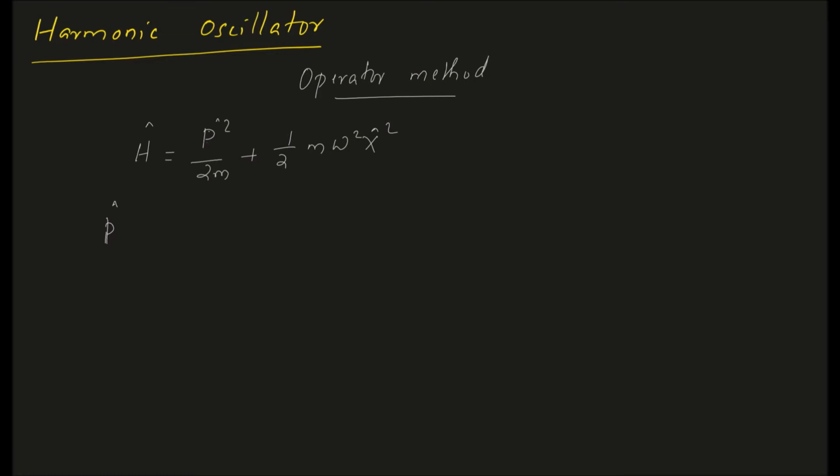Now we are going to introduce another two operators, a small p, which is connected to the momentum capital P by this relation: capital P divided by square root of m h cross omega, and another operator, small q, which is related to the position operator capital X by multiplying by square root of m omega by h cross, and these two are dimensionless quantities or dimensionless operators.